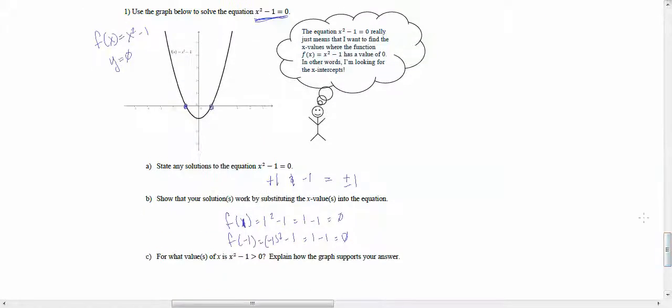For what values of x is it bigger than 0? Basically, when is this parabola positive? It's in this region right here and this region right here.